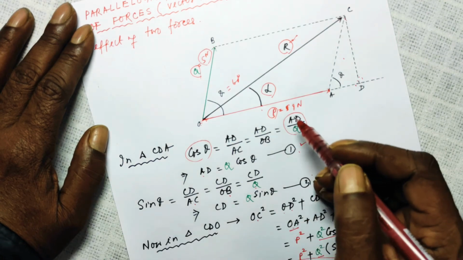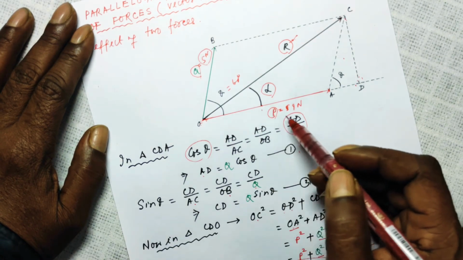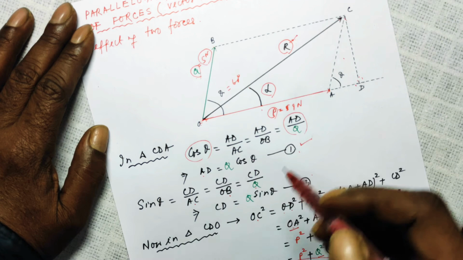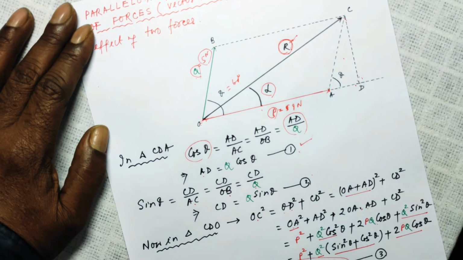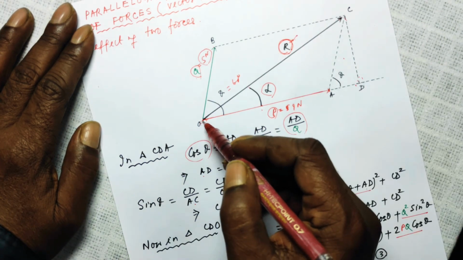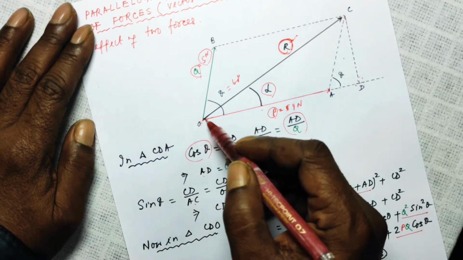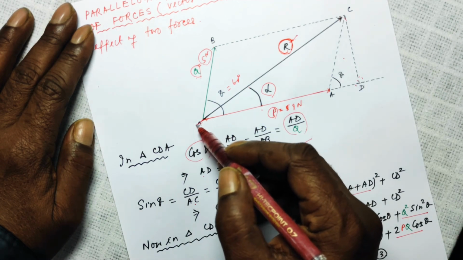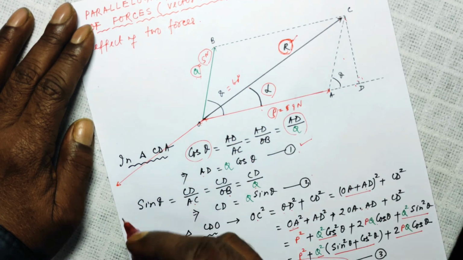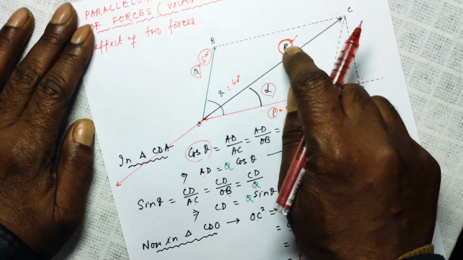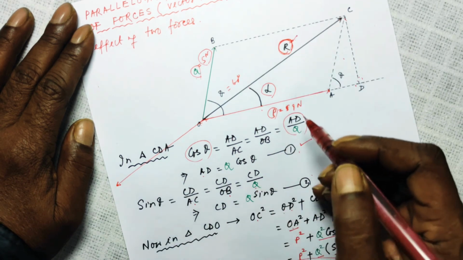Now, supposing these two forces P and Q are there, whose combined effect is this R. But there is a force exactly opposite to R, in this direction, and of the same value as R. Then what will happen?